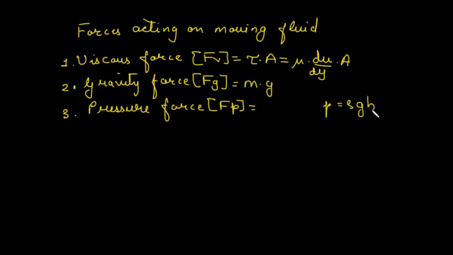So this is the formula for hydrostatic pressure, and the hydrostatic pressure force can be given by this pressure intensity into the cross-sectional area. And we know that the pressure force always acts normal to the surface, so this force is given by P into A, and it will act normal to the surface of the fluid.